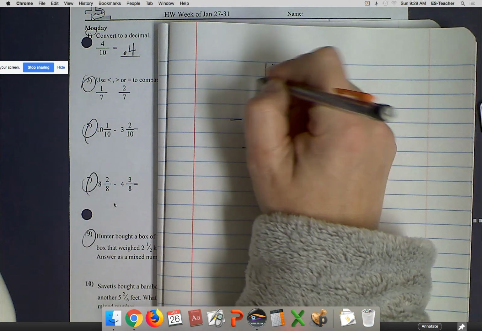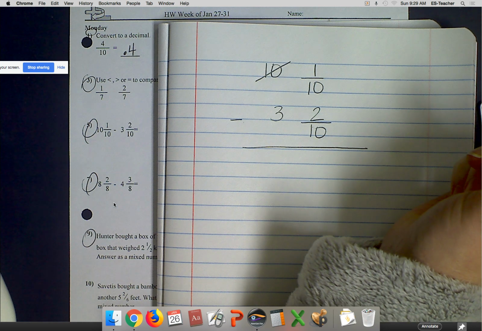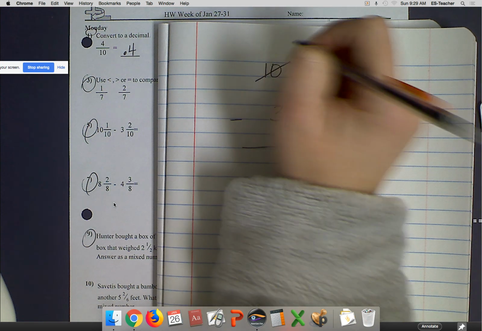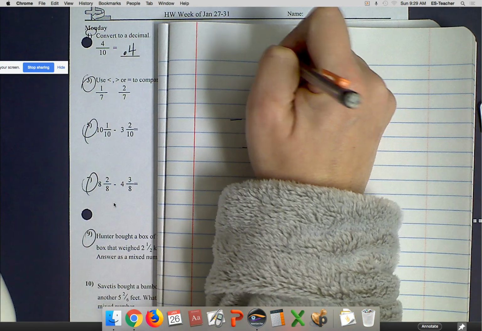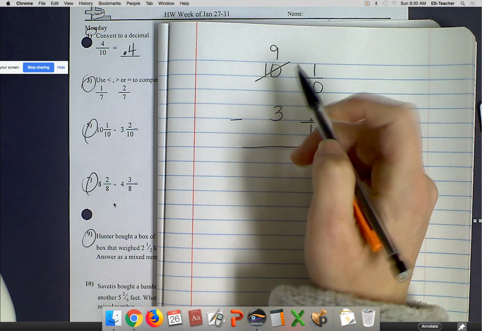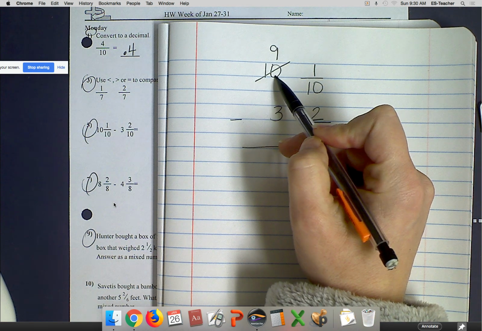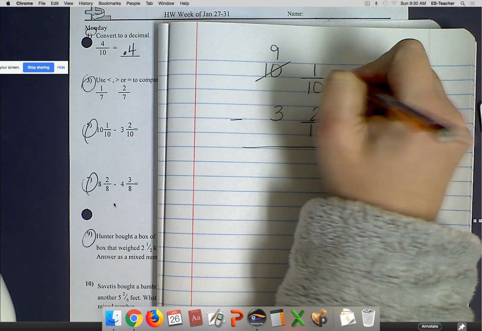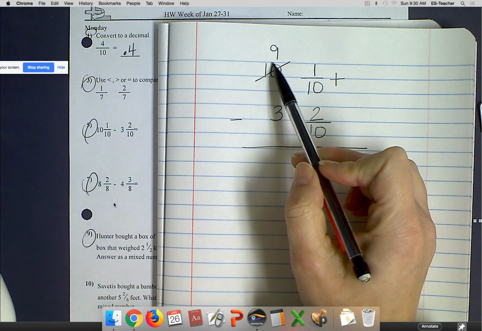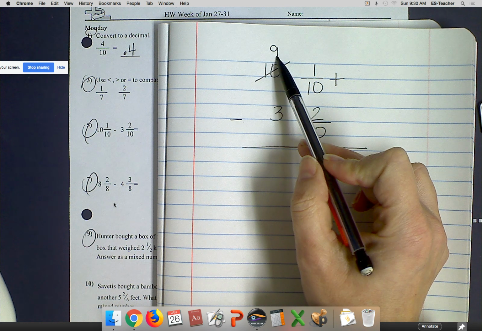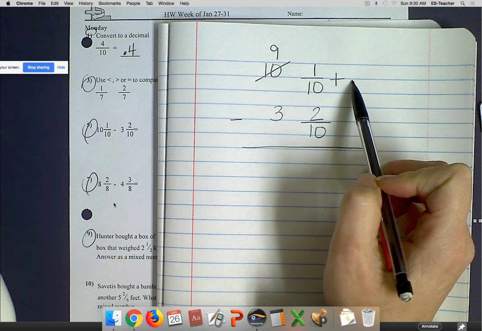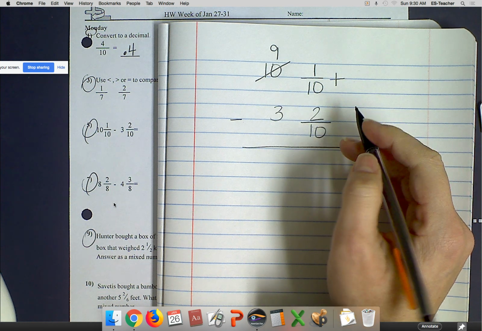So I'm going to have to borrow from the 10. When I borrow, I'm really not taking anything. So I'm going to change this to a 9, but I don't want to change the value of that 10. So I'm just adding 1 over here in fraction form.